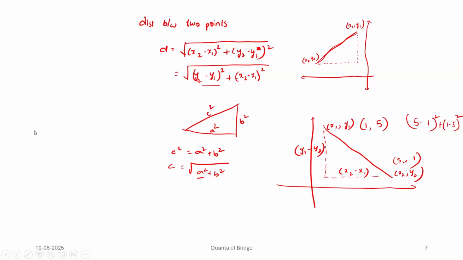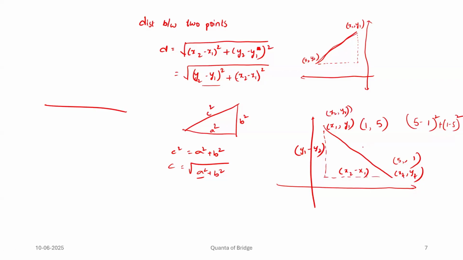I think this is not going in a good way. But why is it not y2 minus y1? Why is it y1 minus y2? It can be anything, but here we made a mistake. We are supposed to take this one as x2 and y2, this one as x1 and y1.